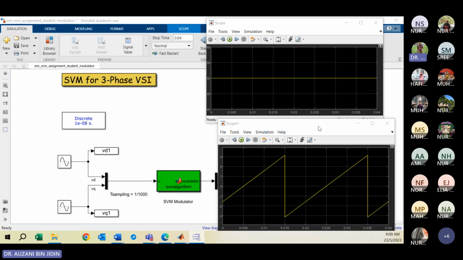Here, 50 also 5L. Boleh selesai dia. 90 degrees. Transmission. Ini 50 now, 50 based on calculation kan.